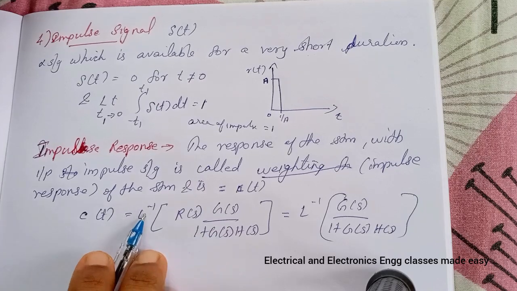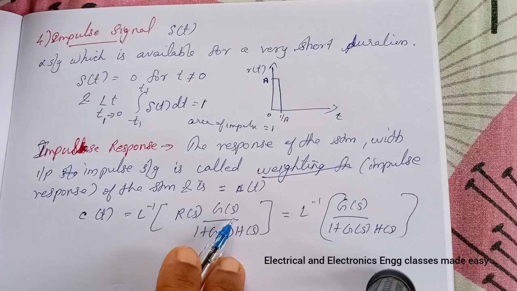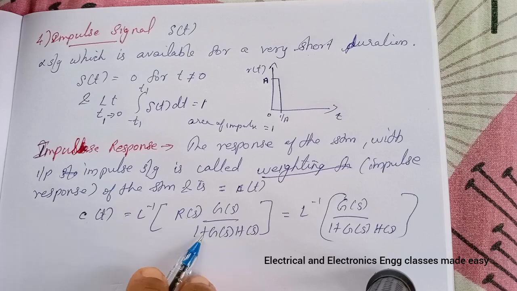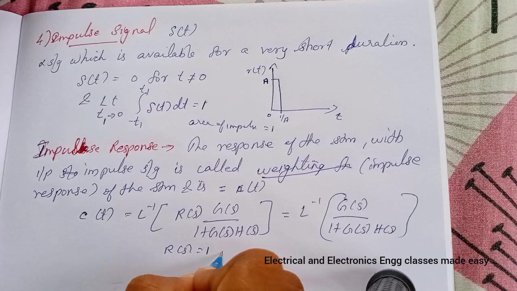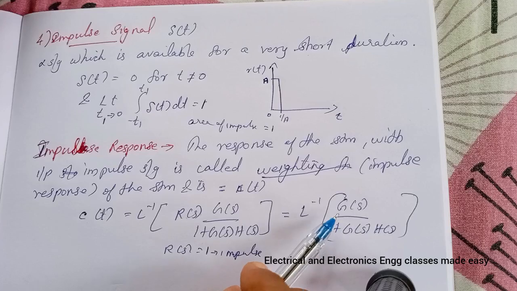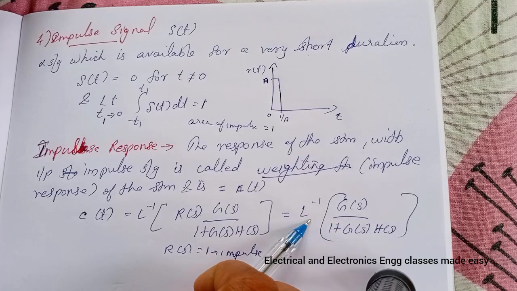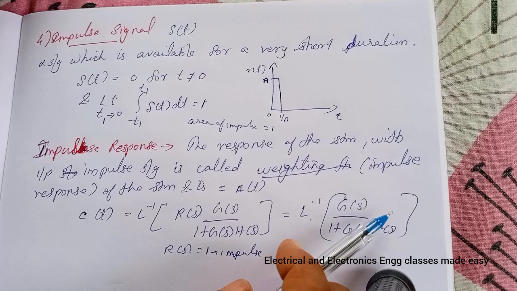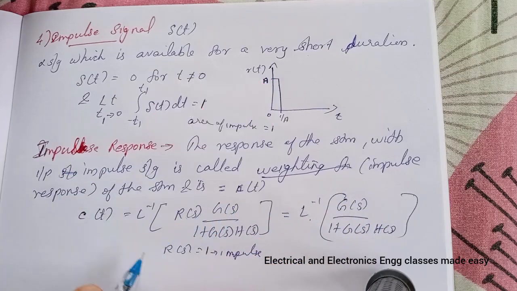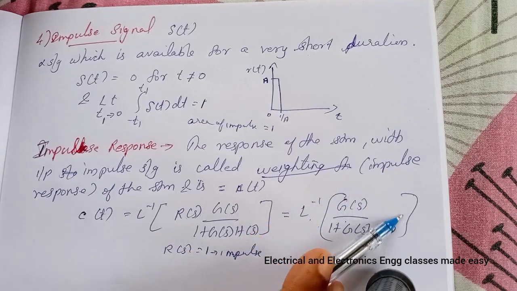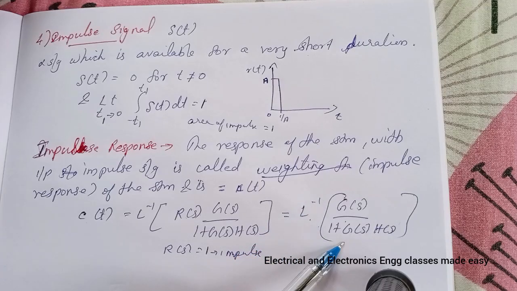That is C of t is equal to L inverse of R of s G of s divided by 1 plus G of s H of s, but this is impulse signal, so R of s is equal to 1 for impulse signal. So we get the inverse Laplace transform of the transfer function as the impulse response. So impulse response is the inverse Laplace transform of the transfer function of the system.